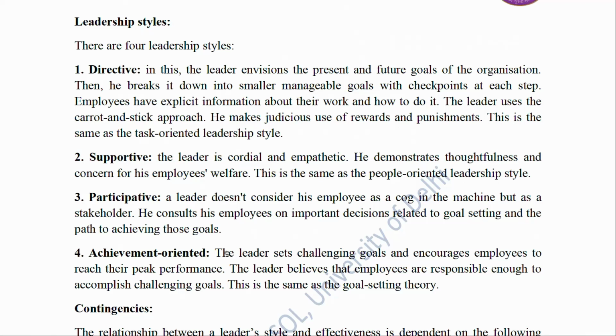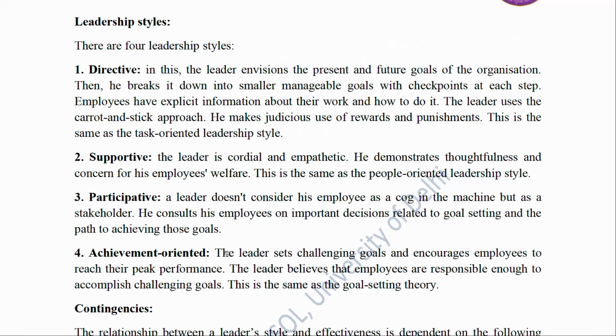Second, supportive. The leader is cordial and empathetic. He demonstrates thoughtfulness and concern for his employees' welfare. This is the same as the people-oriented leadership style. Third, participative. A leader does not consider his employee as a cog in the machine but as a stakeholder.